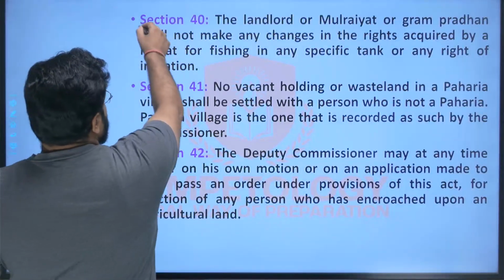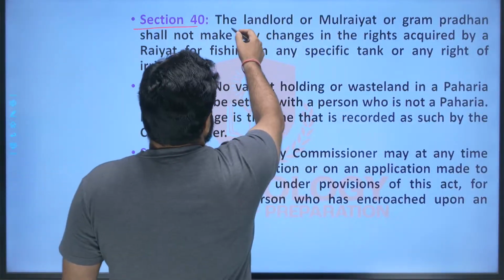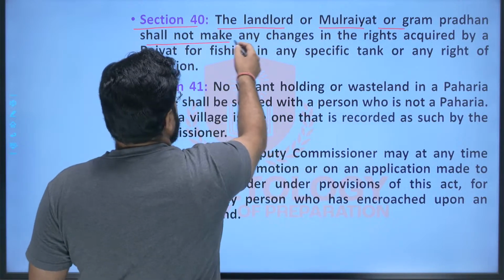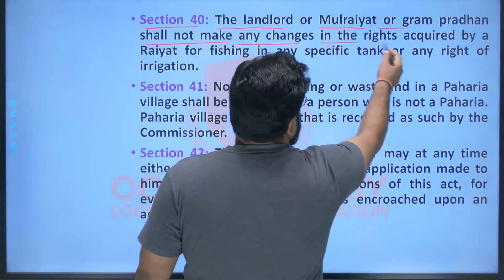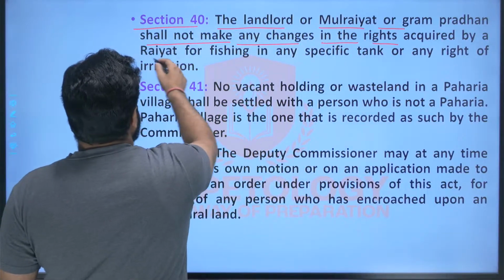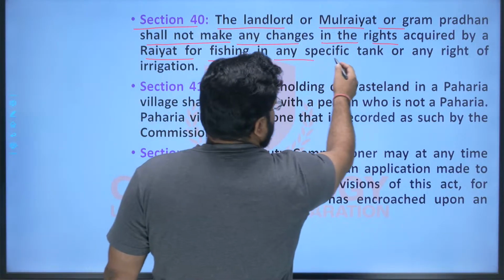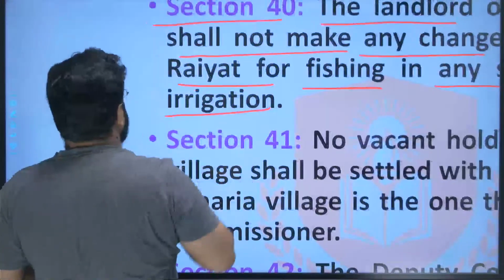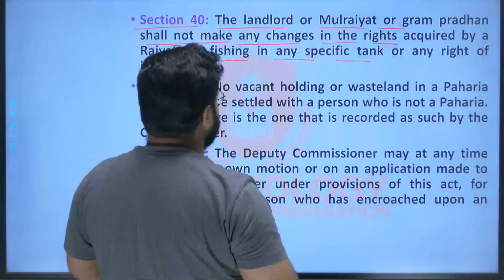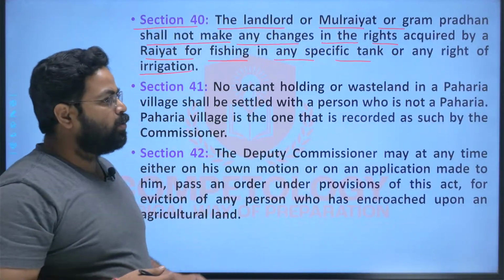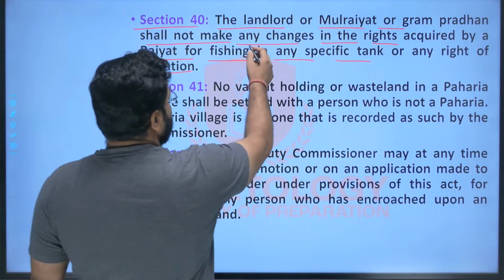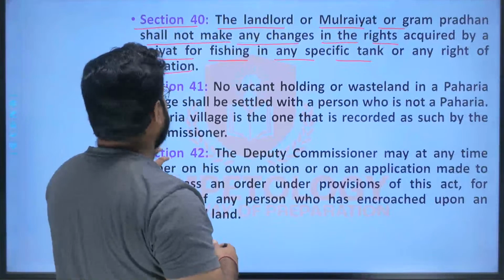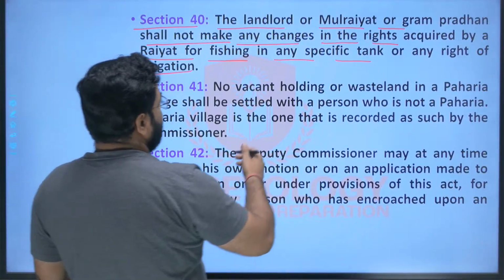Next is section 40. Here it says that the landlord or the Mool Rayyat or the Gram Pradhan shall not make any changes in the rights acquired by a Rayyat for fishing in any specific tank or any rights of irrigation. So if the rights of irrigation and other things have already been allocated, then the landlord cannot change them in any way.